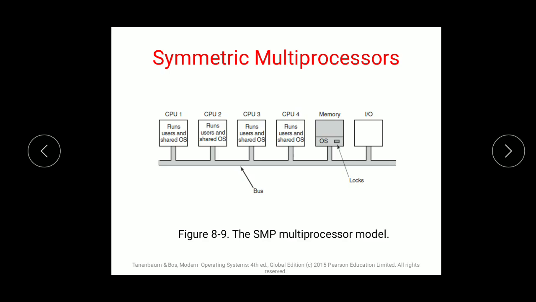Rather than locking it in memory, we could give each CPU a different OS part so that they could run in parallel and nobody has to wait. So this is the symmetric multiprocessor model.